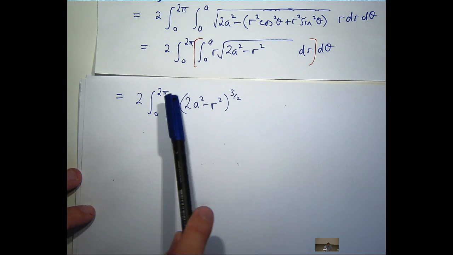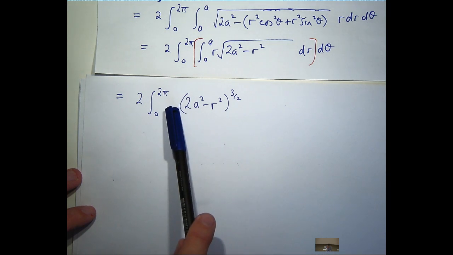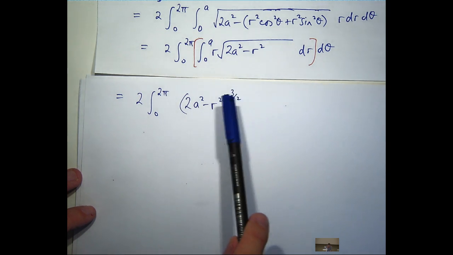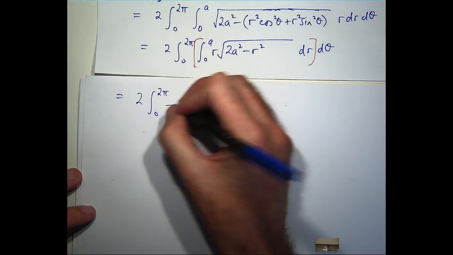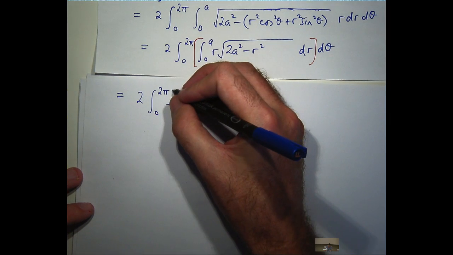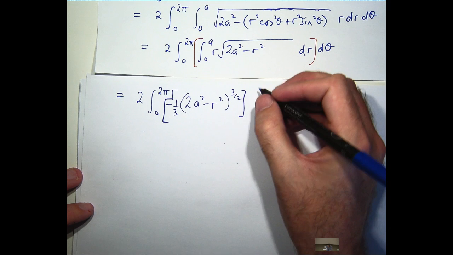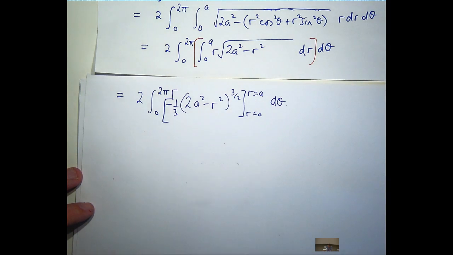The minus 2r is going to come to the front. So I'm going to get a minus 3r out the front. But I don't want that. So I'm going to counteract that with this minus 1/3. Okay?